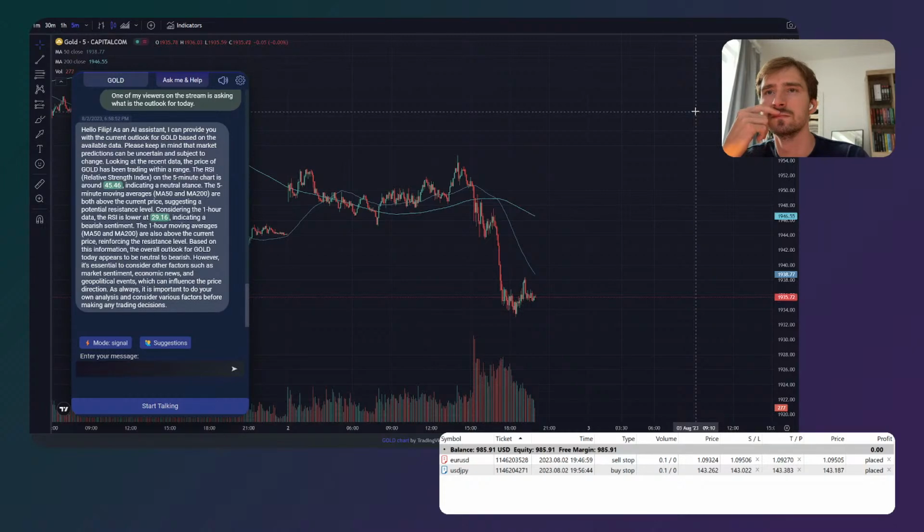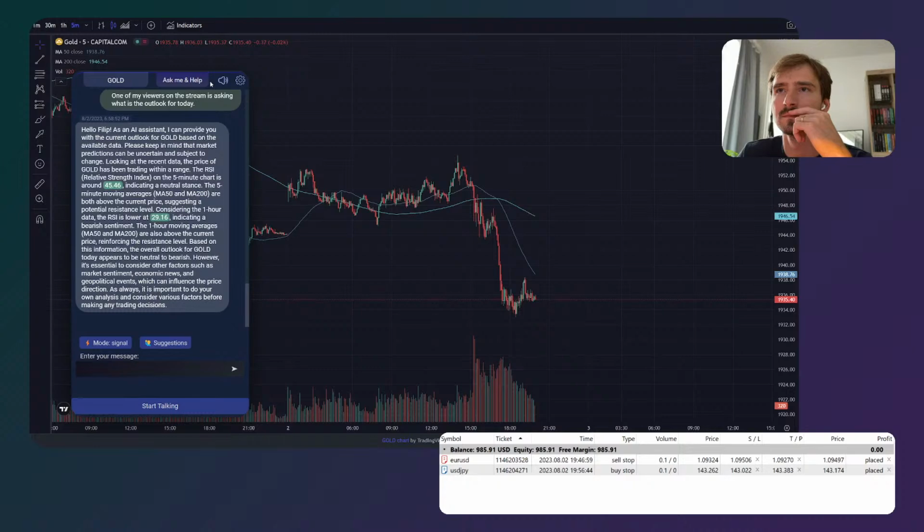The 5-minute moving averages, MA50 and MA200, are both above the current price, suggesting a potential resistance level. Considering the 1-hour data, the RSI is lower at 29.16, indicating a bearish sentiment. The 1-hour moving averages, MA50 and MA200, are also above the current price, reinforcing the resistance level. Based on this information, the overall outlook for gold today appears to be neutral to bearish. However, it's essential to consider other factors.